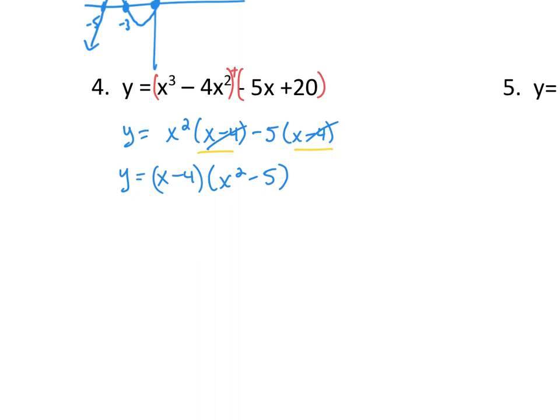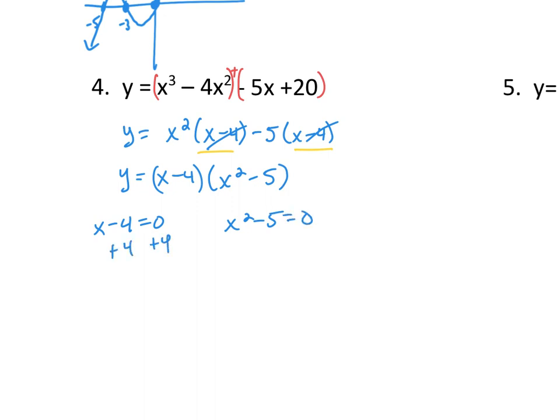Okay, that's fully factored, so that's as far as we can go. We can't factor the x squared minus 5 because the 5 is not a square number, like 4 and 25 were in the last one. So we're going to set each of these factors equal to 0.